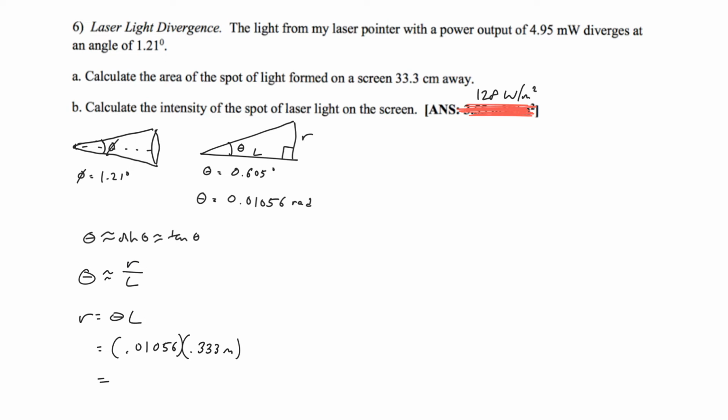Okay, so that gives us a radius of 3.52 millimeters, or 3.52 times 10 to the negative 3 meters. So that's the radius of the spot on the wall.